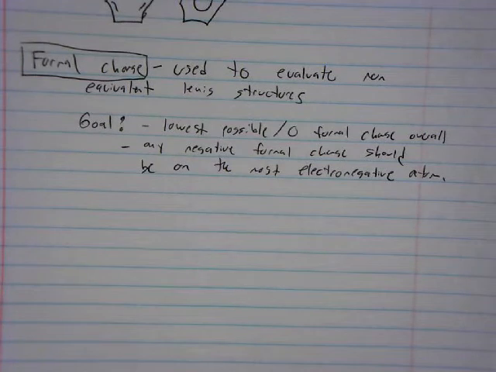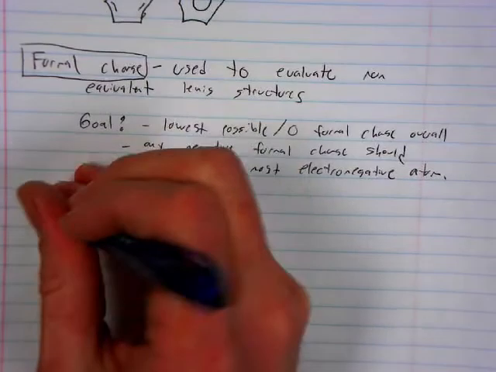How do you calculate formal charge? I've done this differently in years past. I'm going to do it some way new this year. I've never taught it like this, but I think it's going to make more sense.